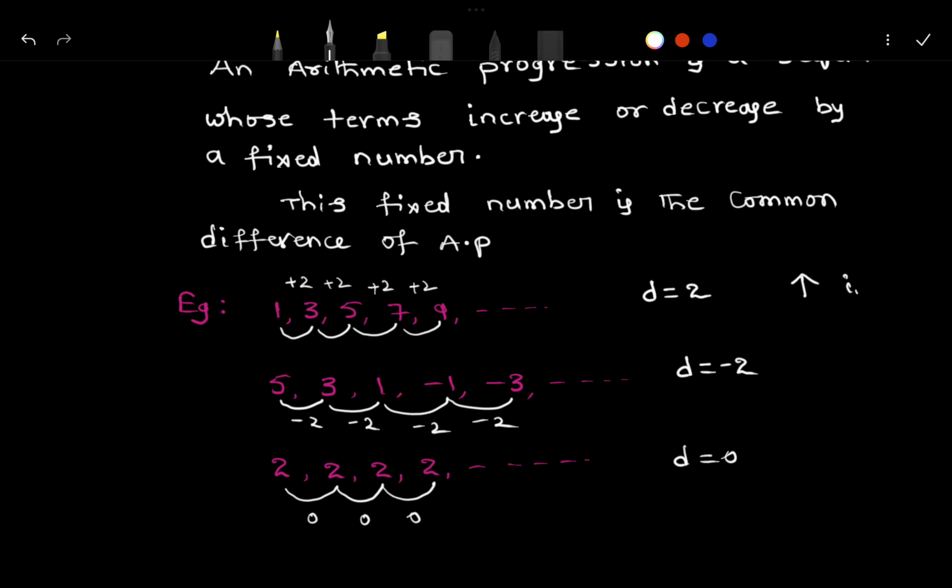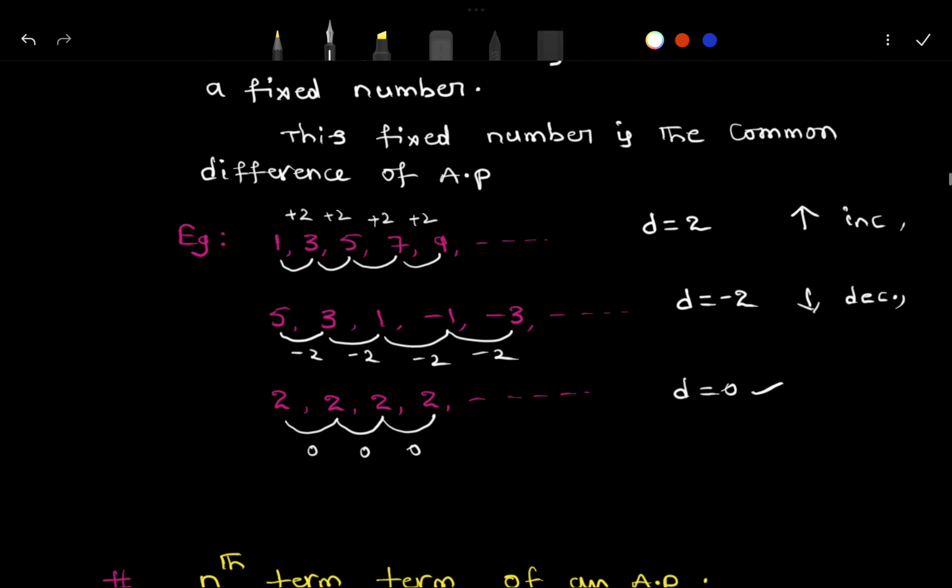If the common difference is negative, that sequence is a decreasing sequence. If the common difference is equal to 0, that sequence is neither increasing nor decreasing. So this is one of the special cases.